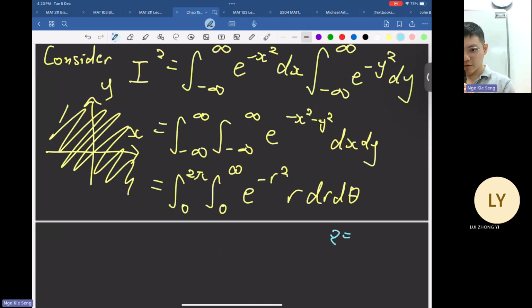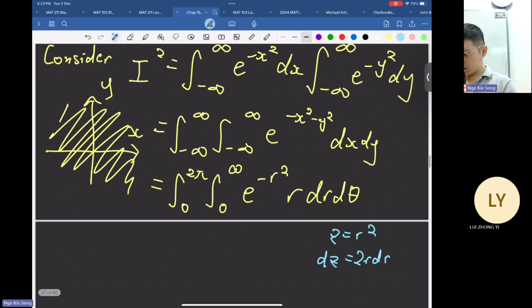I let z equal to r squared. dz becomes 2r dr, and then r dr becomes dz over 2. Because when r equals 0, z is also 0, and when r equals infinity, z is still going to infinity.